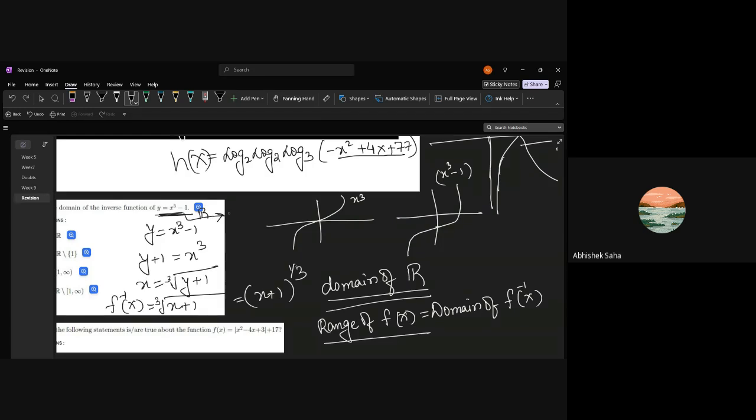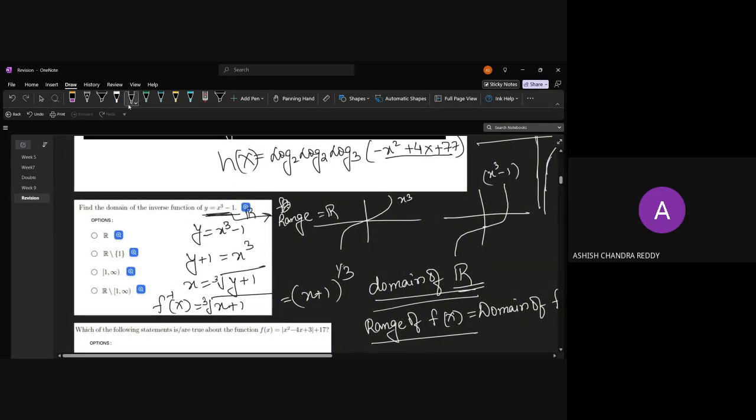If the domain is R, range is also R, because we will get positive value, negative value, greater than 0, less than 0, and 0 also at x equal to 1. So the domain is R and the range is also R, which is equal to the domain of the inverse of that function. So we have already calculated the domain of inverse of that function.